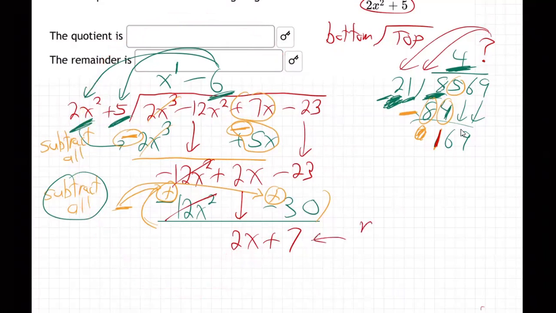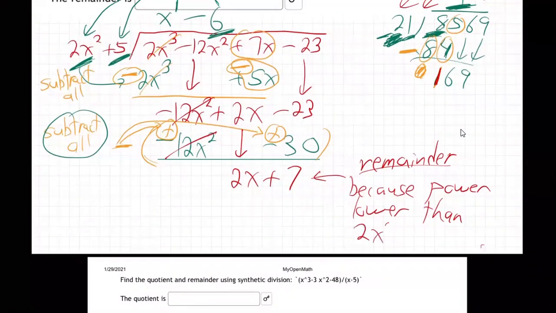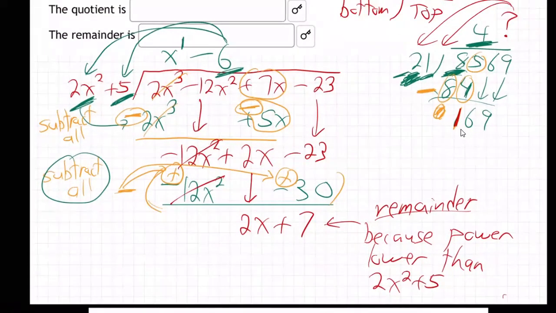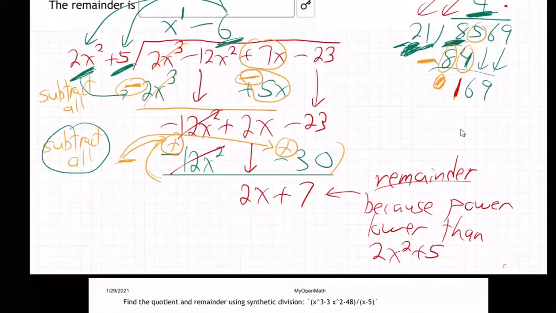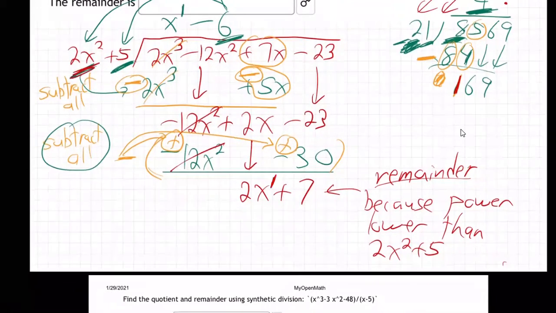This is all remainder. And the way we know this is remainder is because the power is lower than the 2x squared plus 5. It's just 2x to the first power, whereas this is x squared.